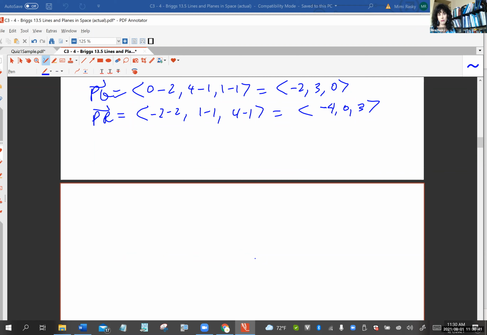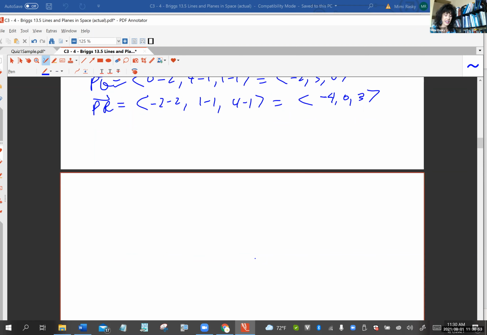Doesn't matter, because the order is not going to matter here. Will the order ever matter? Sometimes. If I said I wanted PQ cross PR, say on some quiz, do it in the order that they're asking. Here, all I need is a normal vector to the plane. I don't care whether it's pointing up or down or sideways, as long as it's normal to the plane.